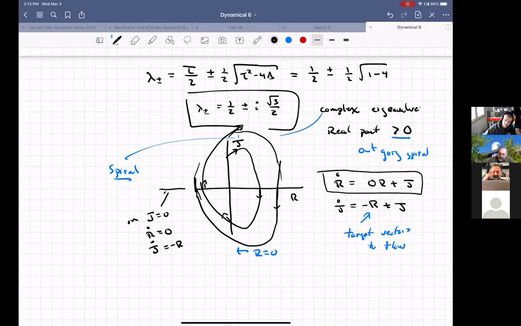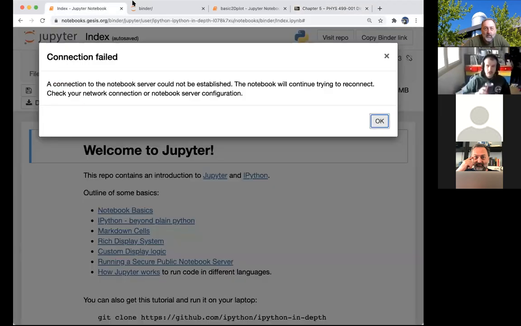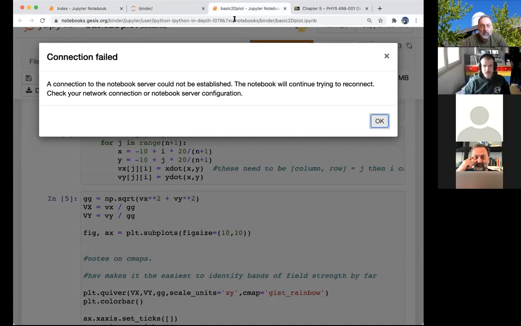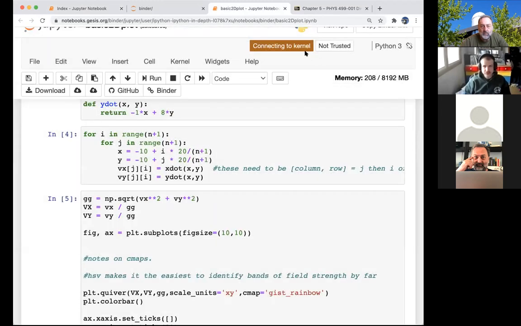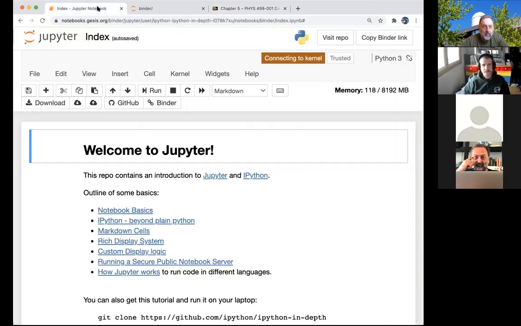Let me try to plot this one using the Jupyter Python notebook. So if I come over here and I share this tab and I come back, Chrome. Oh, what did that? Oh, well, that's unfortunate. Hit refresh.